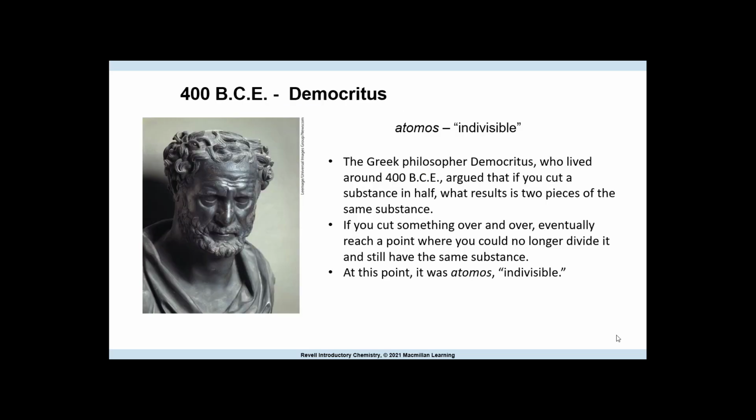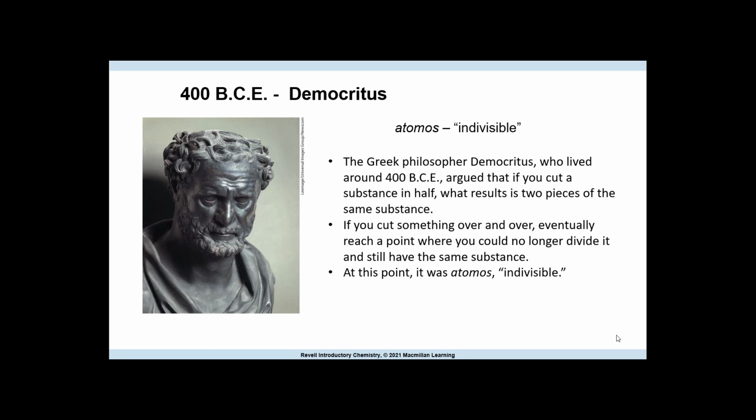So in 400 BCE, I don't know how to say these names right, Democritus, I know that's not right, the Greek philosopher, he lived around 400 BCE. He derived that by cutting a substance in half, you have two pieces of the same substance. And if you keep cutting in half, you will get to a point that you cannot cut in half anymore and still have the substance.